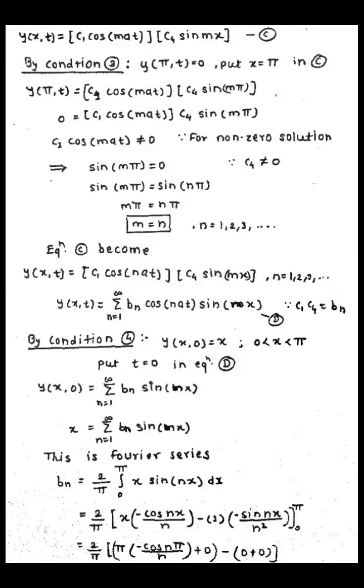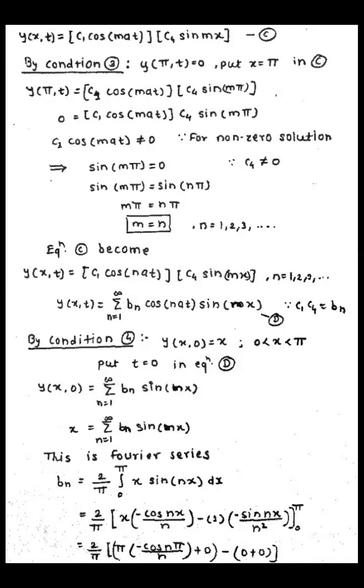Now put the value of y(x,0): x equals the summation of bn sin(nx). Now compare this with the Fourier series formula. According to the Fourier series formula, x is treated as f(x) equal to the summation of bn sin(nx).